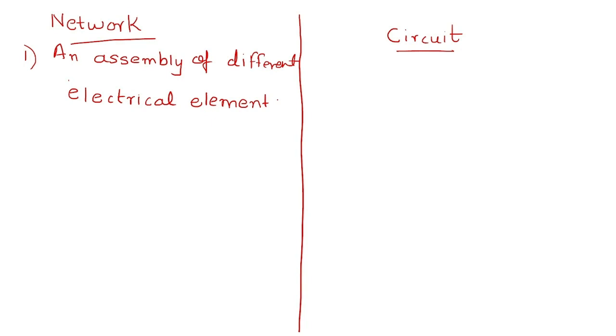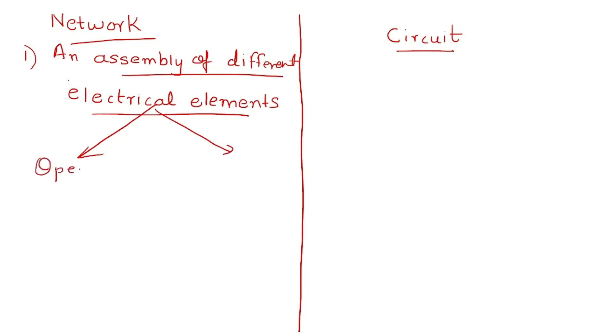There can be two configurations in it. It can be an open network or it can be a closed network. So the assembly of different electrical elements is called a network, and in that there can be two ways. The network can either be open or closed.